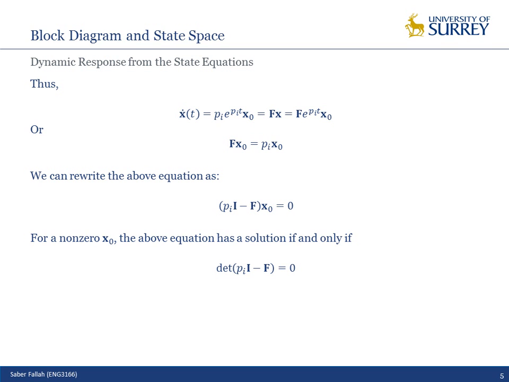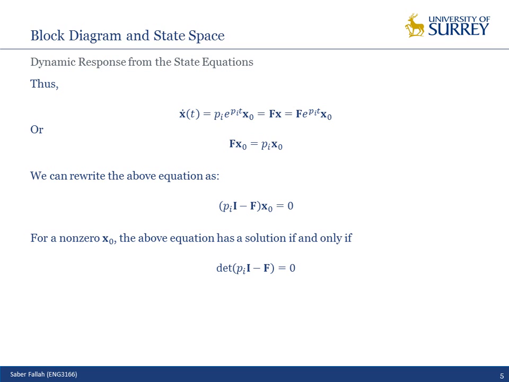How do you calculate the eigenvalues of a matrix? Exactly like this relation. You know how to calculate the determinant of a matrix, don't you? So it means pi, which are the poles of the system, are exactly the same as the eigenvalues of the matrix F.